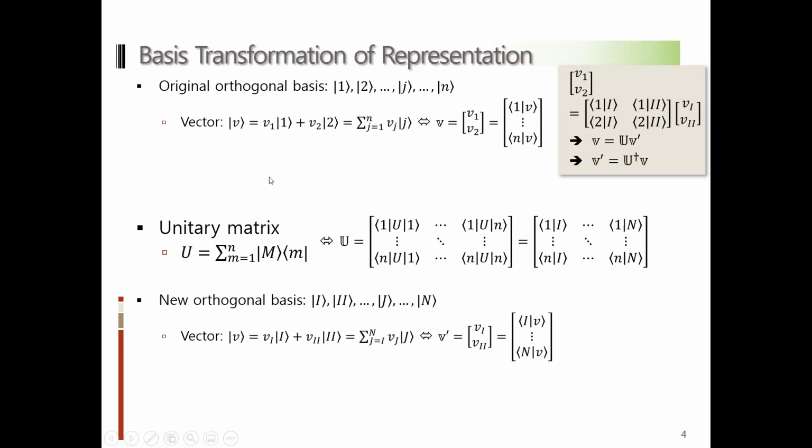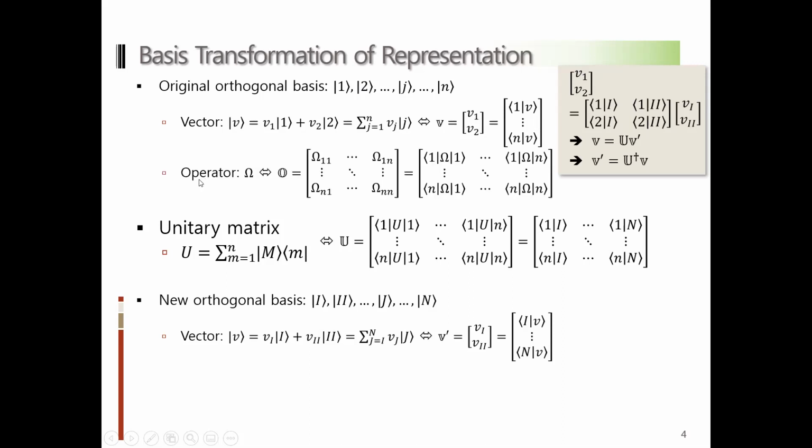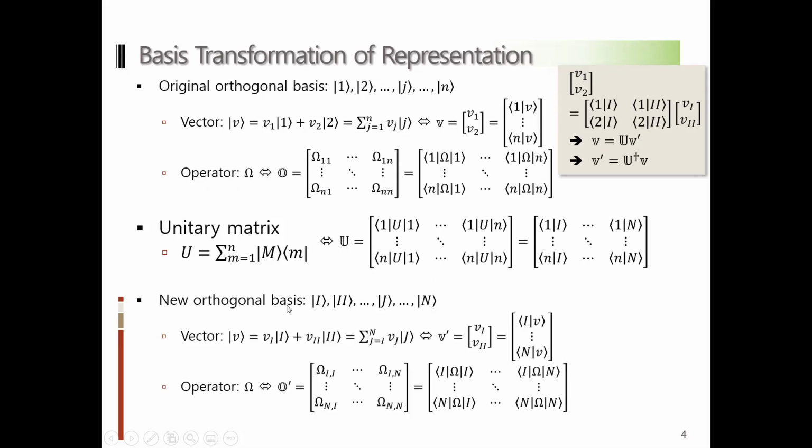Along a similar line, what you can also consider is the matrix representation of the operator. The same operator can be represented as a matrix, and each of the matrix elements can be obtained using this formula. If we want to find the matrix representation of the same operator in a different orthonormal basis, then the basis vectors we have to use are different.